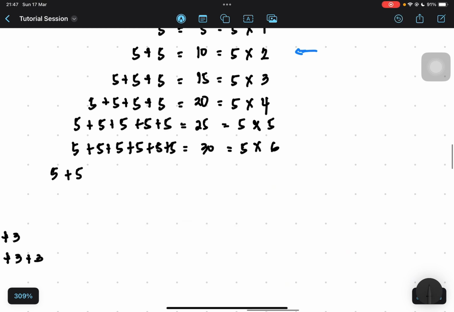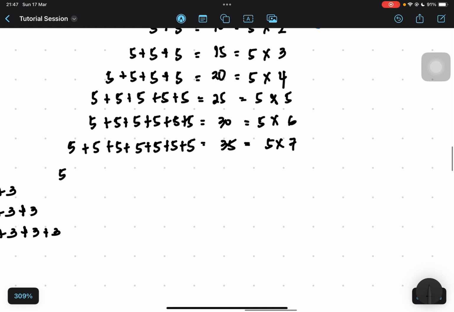Then adding 5 to the previous one becomes 35. That is 5 times 7, or adding 5 by itself 7 times. If we add another 5 on it, that is 40. That is 5 times 8, or adding 5 eight times.